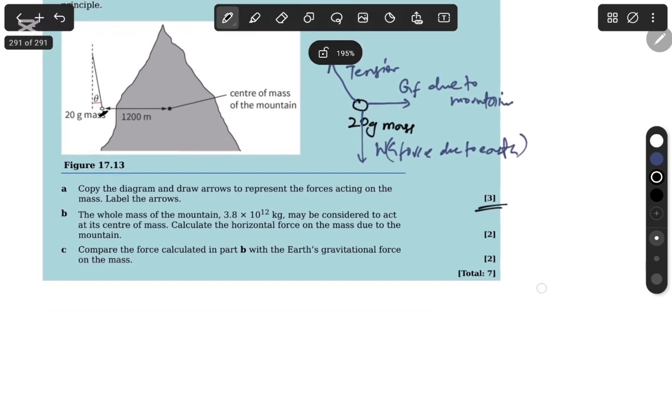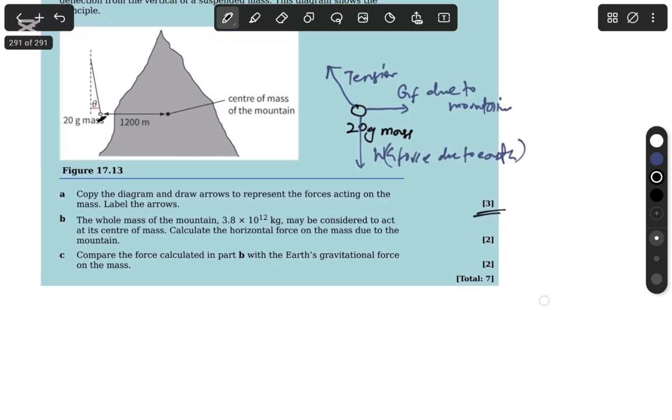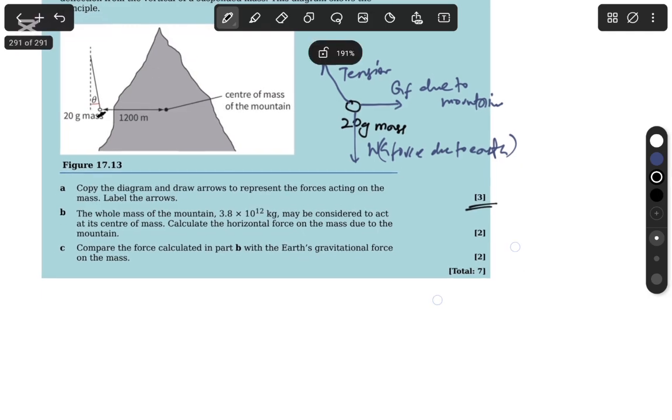Now the second part says that the mass of the mountain is 3.8 times 10 to the power of 12 kg and may be considered to act at its center of mass. Calculate the horizontal force on the mass due to the mountain.